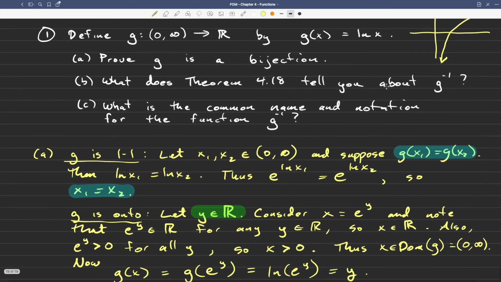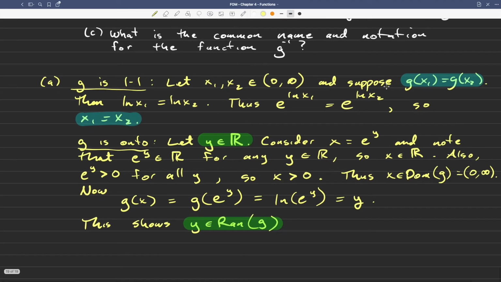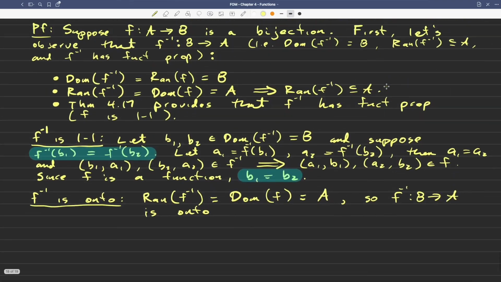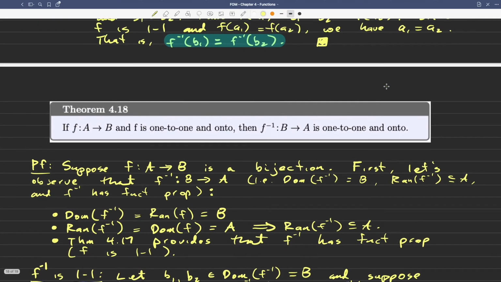And so what does theorem 4.18 tell us about g inverse? Well, let's go back and look at theorem 4.18. Here we had a g function from 0 to infinity to the reals, which was a bijection.